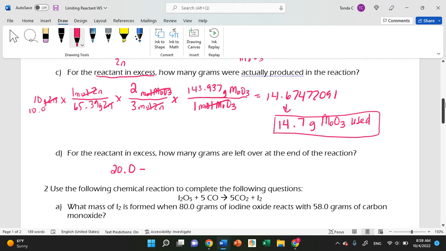Subtracted, we used 14.7, and this gave us a difference of 5.3 grams of MoO3, and this was how much was left over. Notice this is 1 after the decimal, 1 after the decimal, so my answer should have 1 after the decimal as well, since I am subtracting with sig figs.